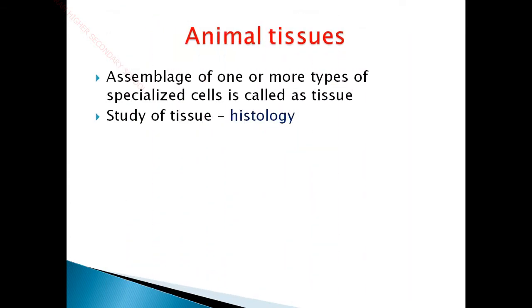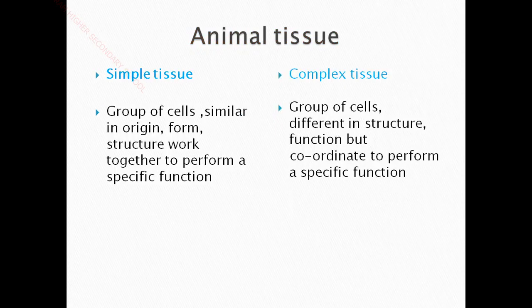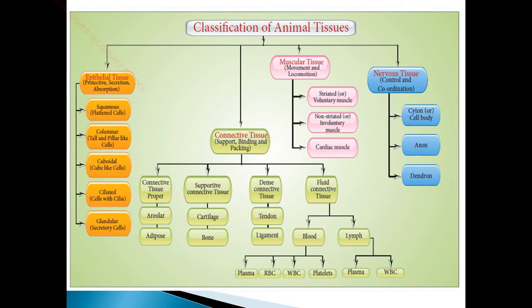We also discussed animal tissues, such as simple tissue and complex tissue, and the classification of animal tissues as epithelial tissue, connective tissue, muscular tissue, and nervous tissue.